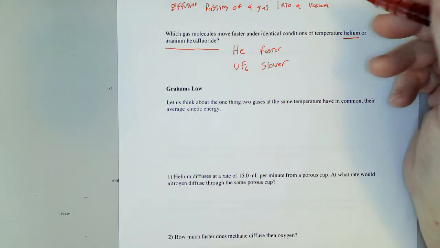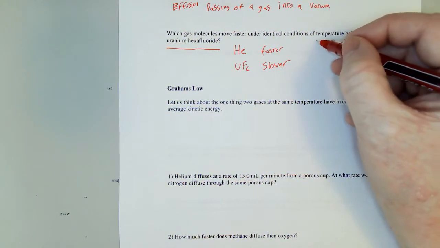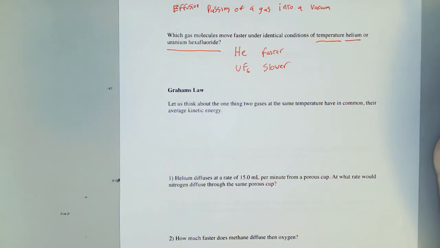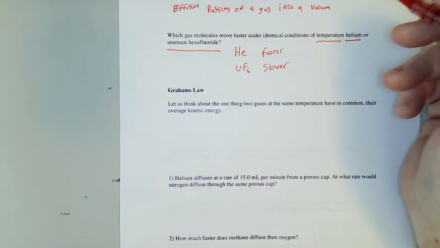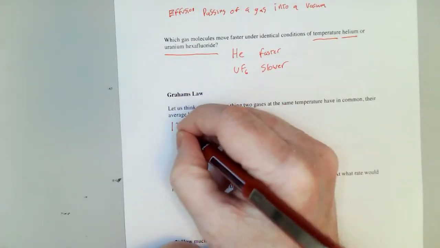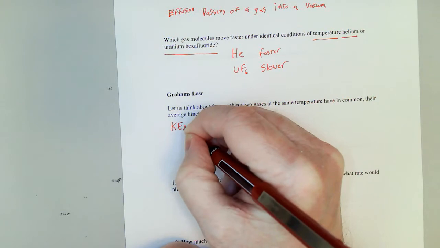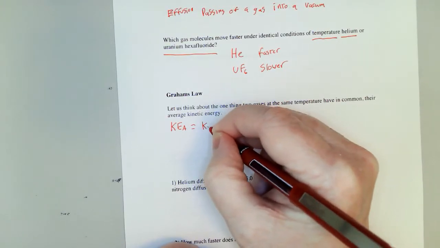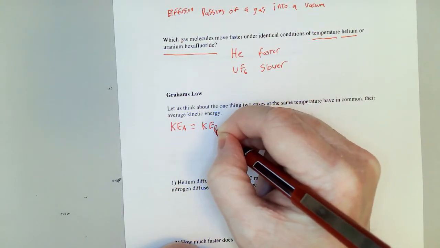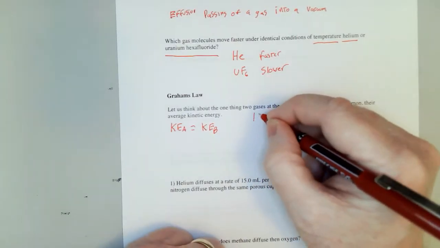Now, however, they're under conditions of identical temperature. What that means is their kinetic energies are the same. So the kinetic energy of gas A is equal to the kinetic energy of gas B because they're the same temperature.